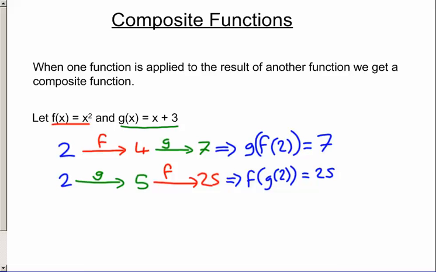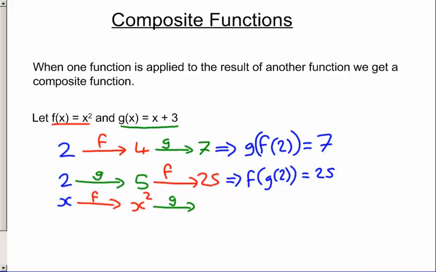Other things we can do here is we can use some algebra, but we do it in exactly the same way. So let's say we're going to put x in, and then we're going to do x with f first. Well, we know f of x is x squared. Now we're going to put that into g, and when we do that, we get g of x squared.